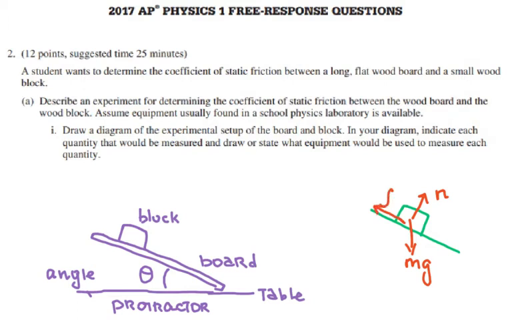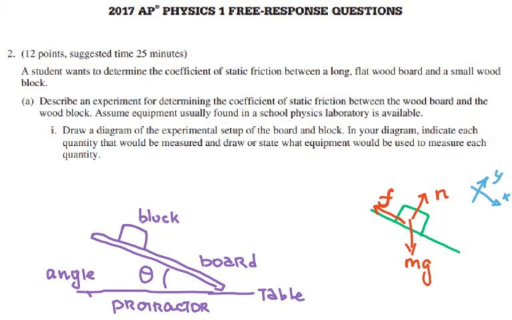So I'm gonna call it the lowercase f for the static friction. And I'm gonna choose my axis, x and y, along this sliding part. So here is my y, here is my x. Because if the block starts moving, then acceleration is gonna be along the x-axis.